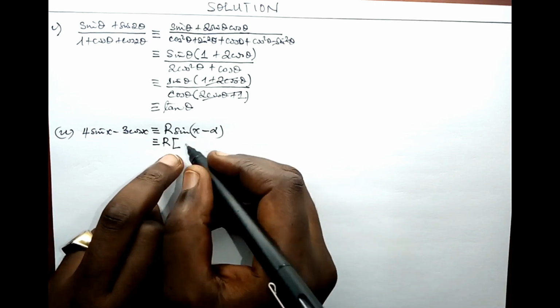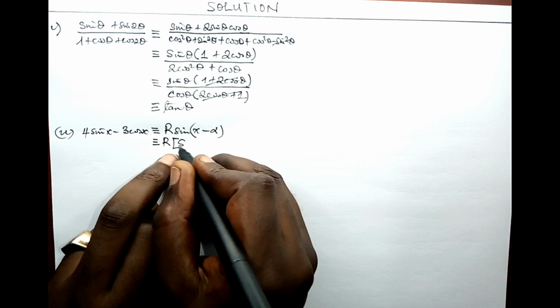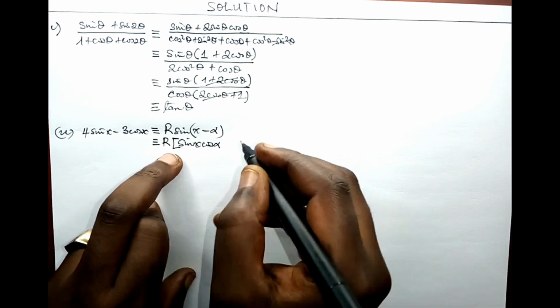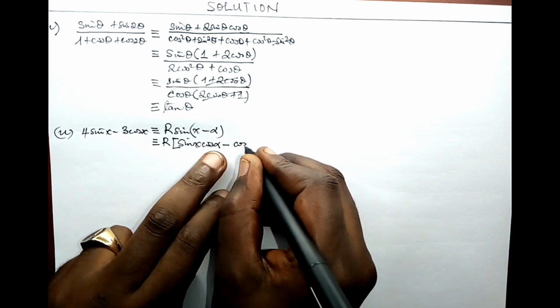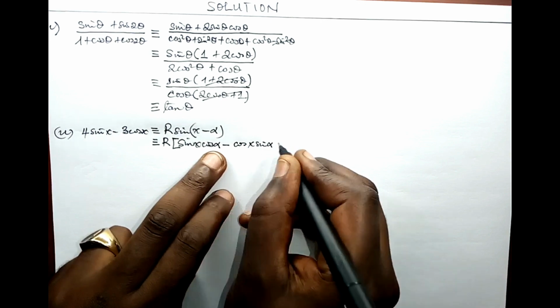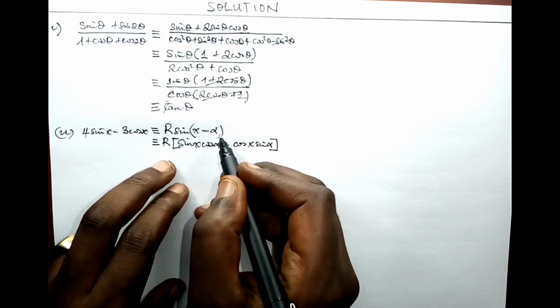So take note. That identity provides that sine x cos alpha minus cos x sine alpha should replace sine x minus alpha.